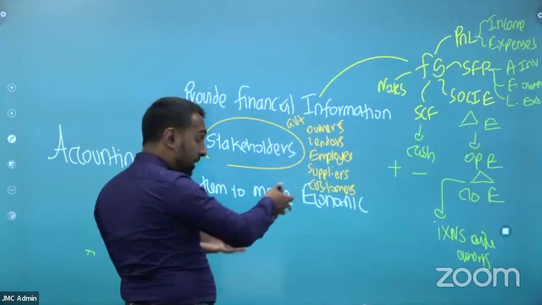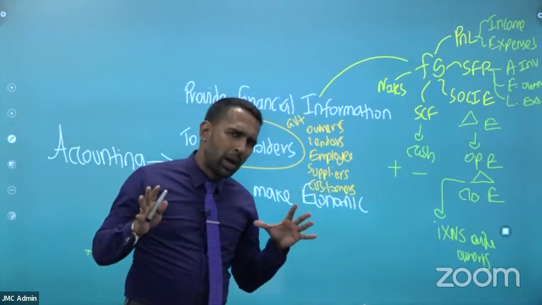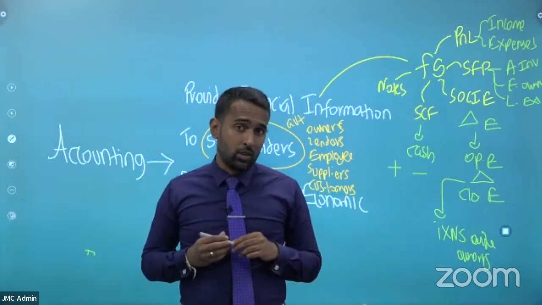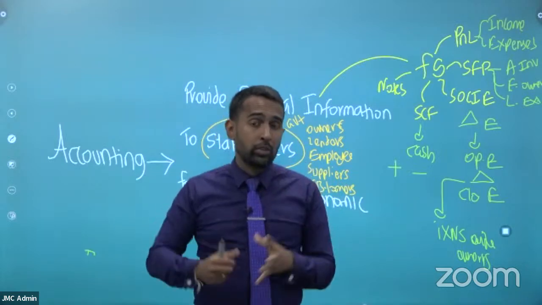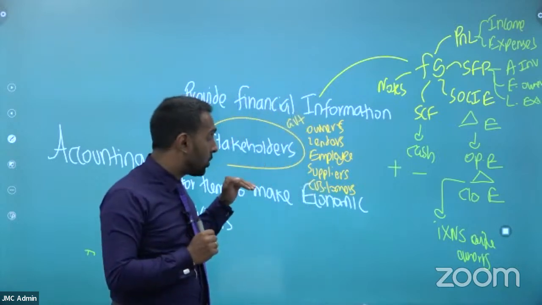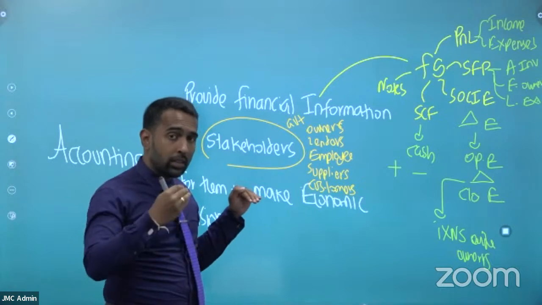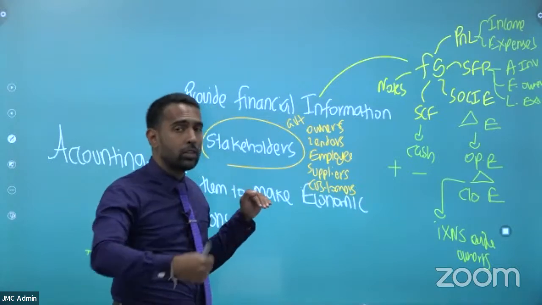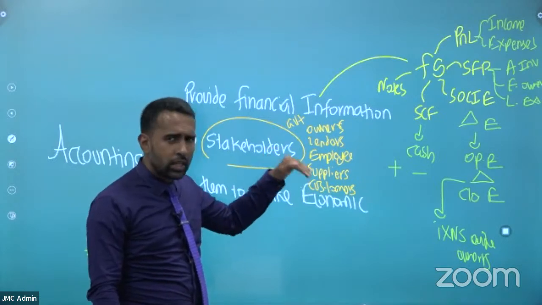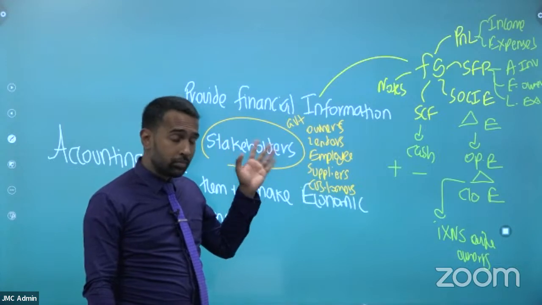The government is charging taxes from that business. So there is a set of parties who are interested in the business and want to take some decisions about it. Those people are what we call the stakeholders. Stakeholders are the people who have an interest in the business. It can be the owners, lenders, employees, management, suppliers, customers, right?